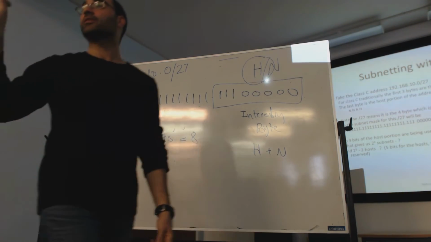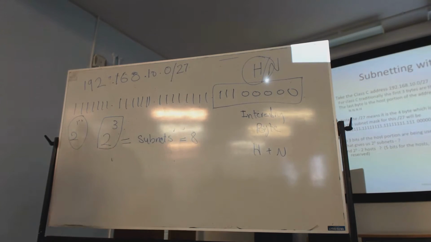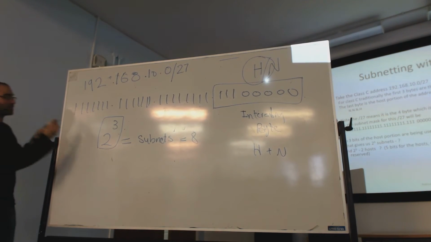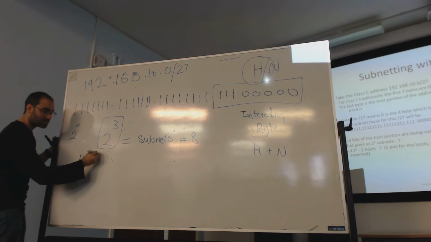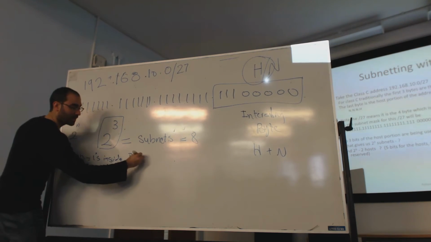Can you go over that one more time? Here I'm going to do 2 to the power of n. What's n? n equals the ones inside your interesting byte.